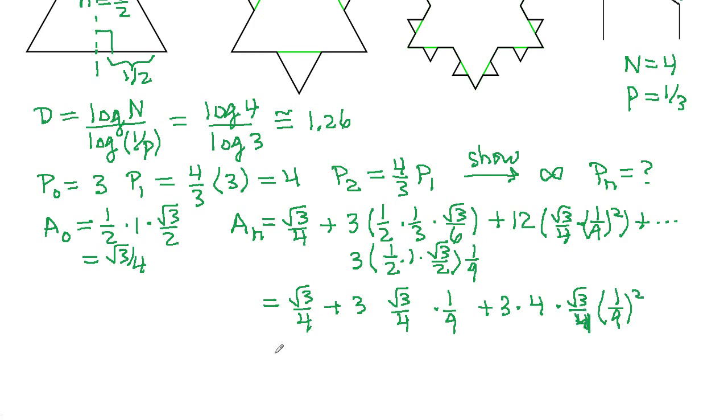And in the next stage, you're going to have not 3 times 4, but each one of those 12 triangles gets 2 little triangles added on here.